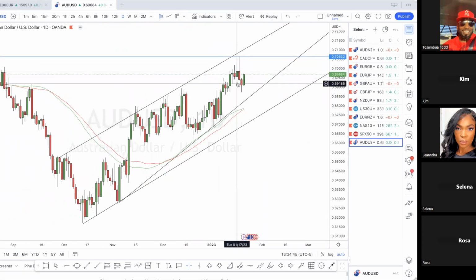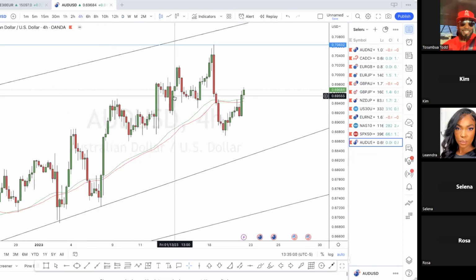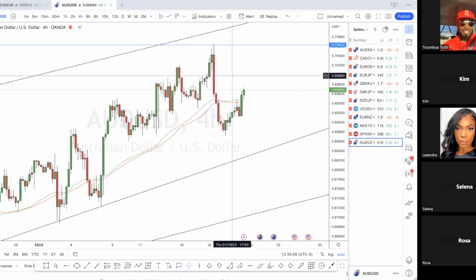This is looking like a counter trend trade. Broke these lows. Oh, we don't do those. We don't do counter trend trades. Broke all these lows, right? So it's pulling back.